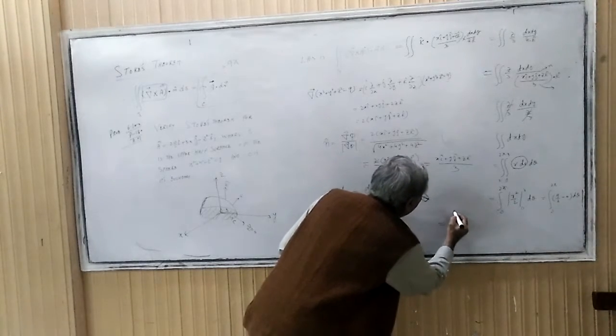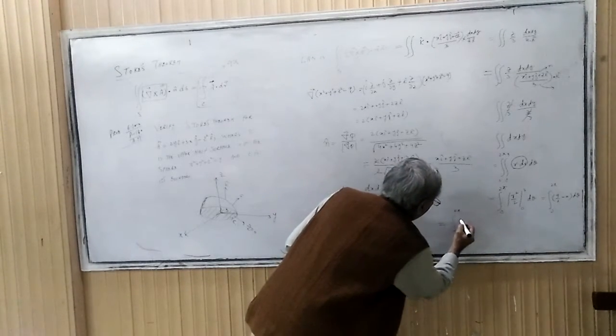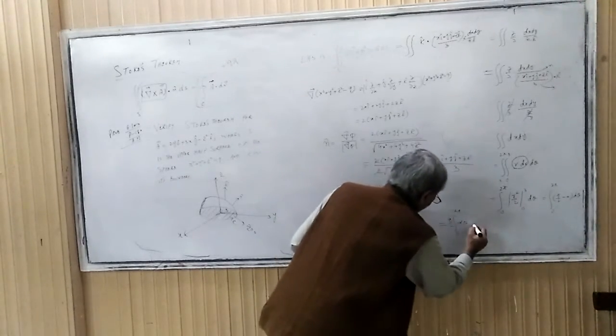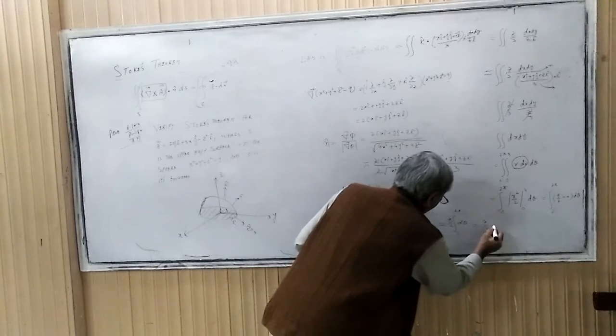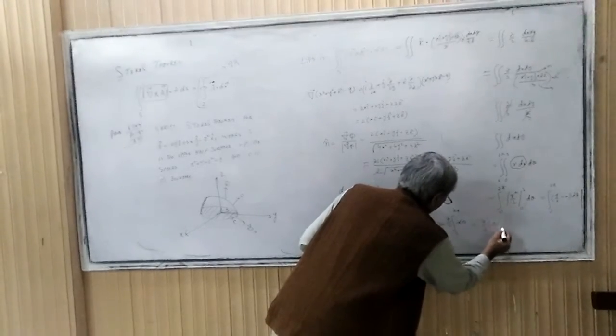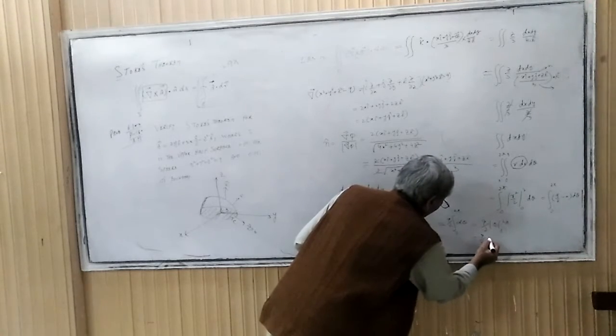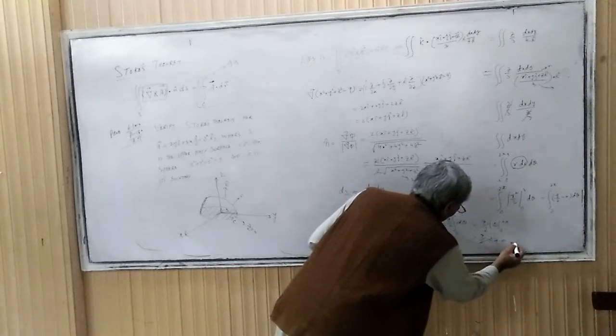That is 9 over 2 theta from 0 to 2 pi, and the 2 cancels, so the answer is 9 pi.